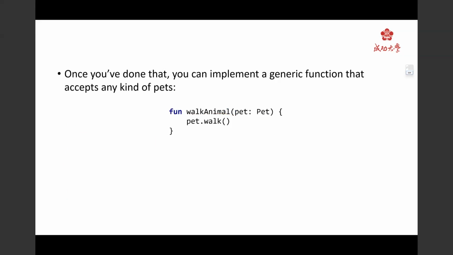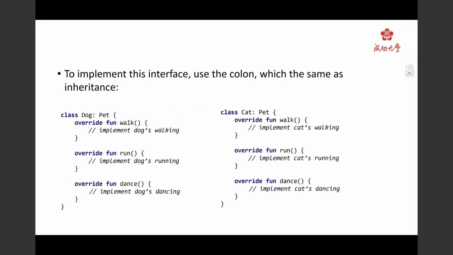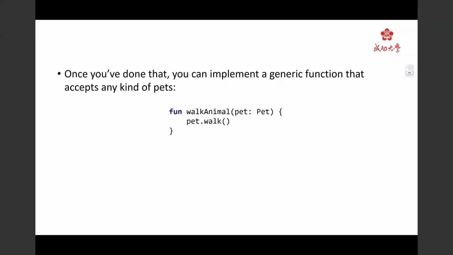Because both dog and cat implement the same interface, we know no matter whether it's a dog or a cat, it is able to walk, because they both implement the interface.